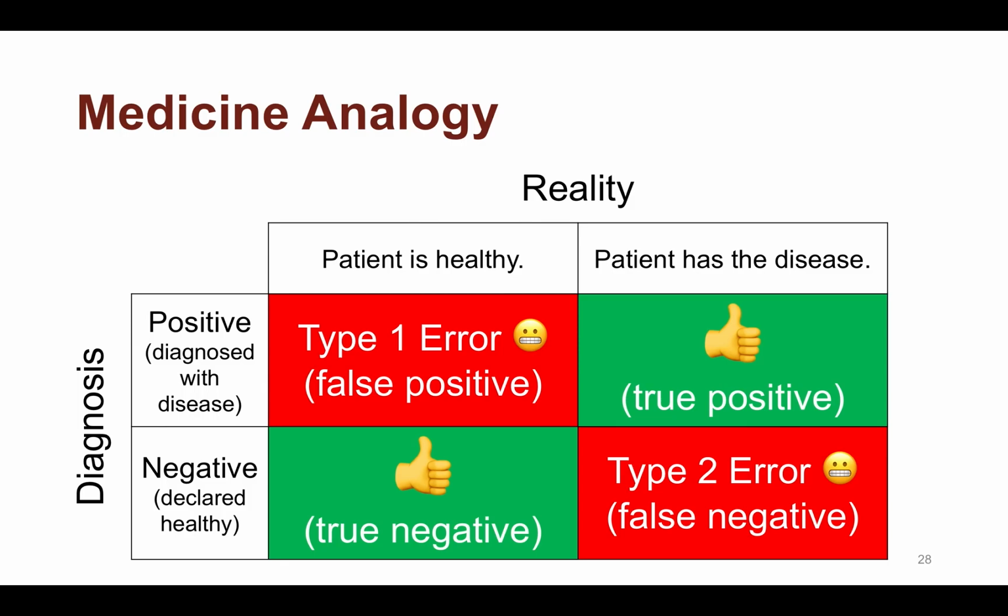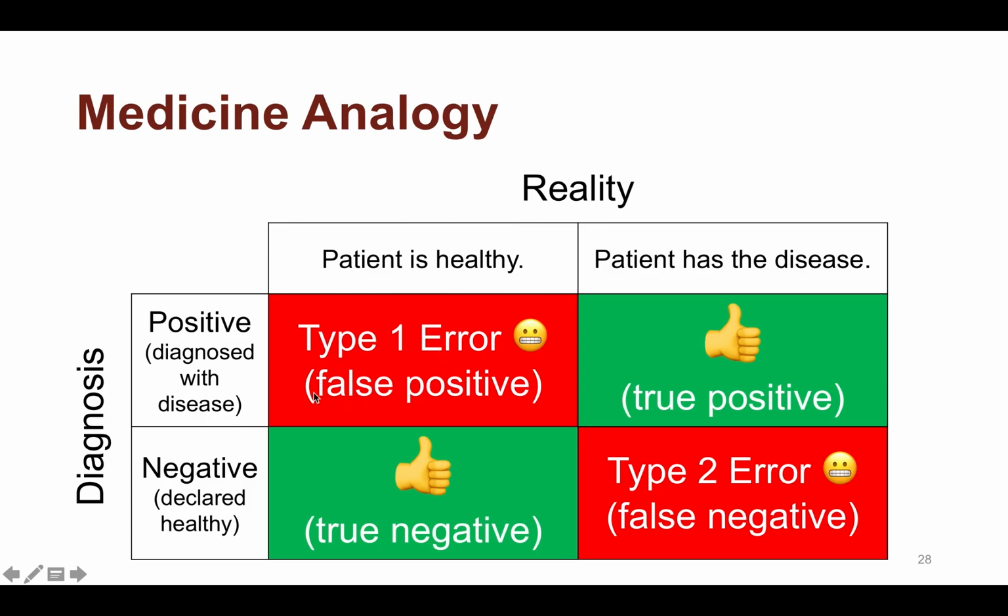So it may be that a type 1 error is worse than a type 2 error. It may be the opposite. It just really depends on the situation. In research, I guess it depends on how important, how influential your findings could be to society, things like that. In the case of medicine, depending on what the treatment is, it could be not so bad that someone's treated for a disease that they don't have.